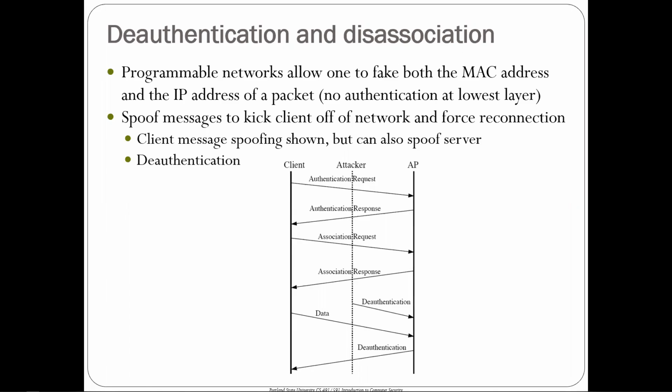The client does the authentication to get onto this AP, and then the association to associate itself. And then the attacker is listening to this, and as soon as the response happens, says deauthenticate this client. This is just using the 802.11 protocol and spoofing the wireless messages going back, because there are no integrity checks going back and forth between the client and the AP, and this allows it to happen.